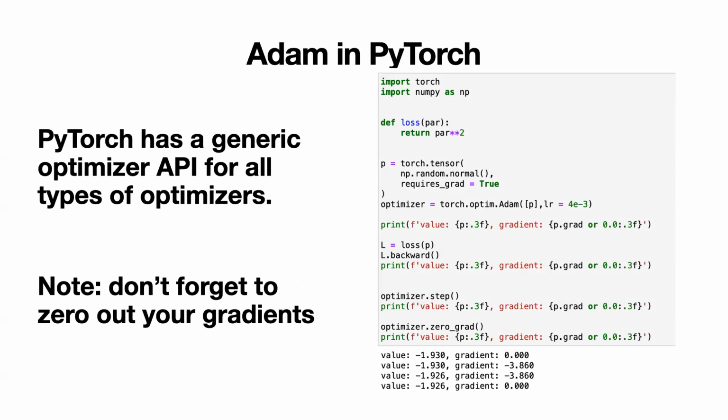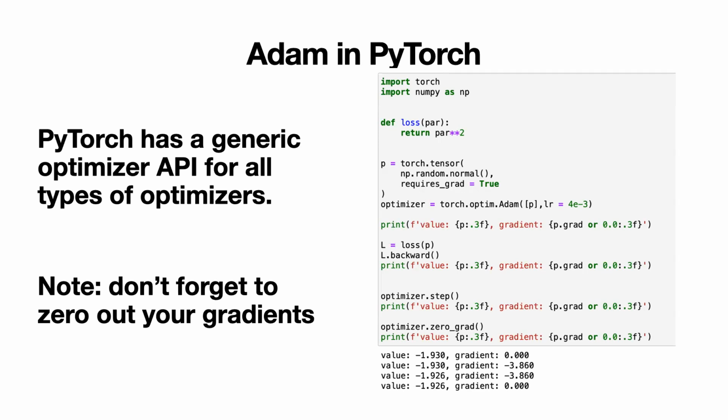You say, okay, I want to run Adam as an optimizer, and you give it which parameters it's supposed to optimize. Let's say you have some kind of loss function. You call .backward() to trigger backpropagation. Now you have gradients. Then you call optimizer.step(), and it will take the gradients, because it knows where to find them since it knows about the parameters, and adjust the parameter values.